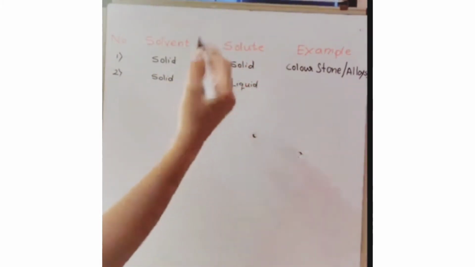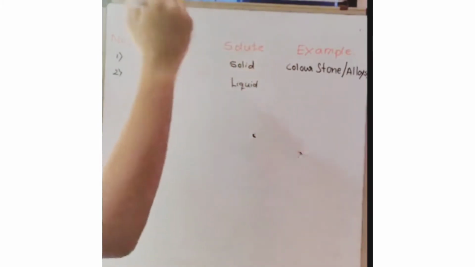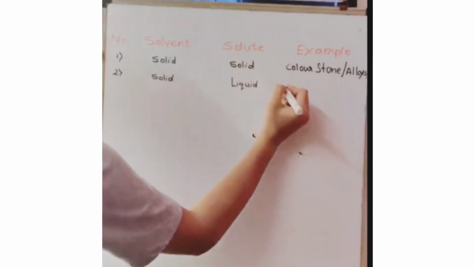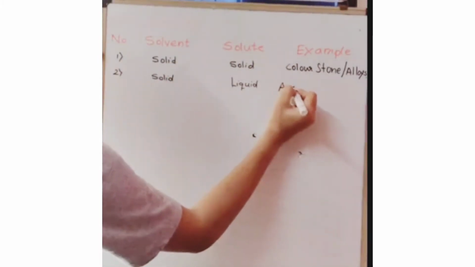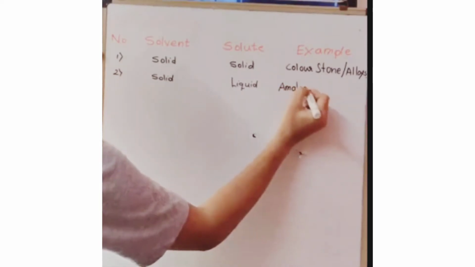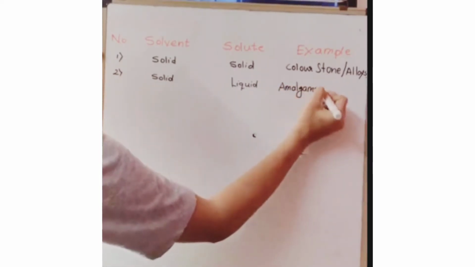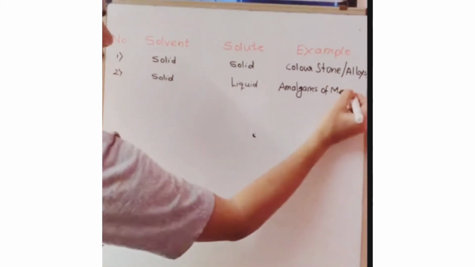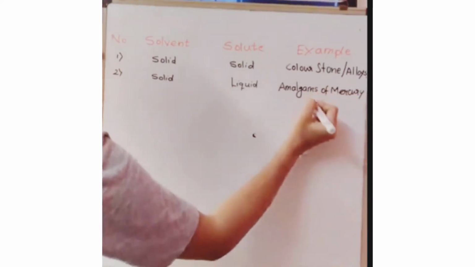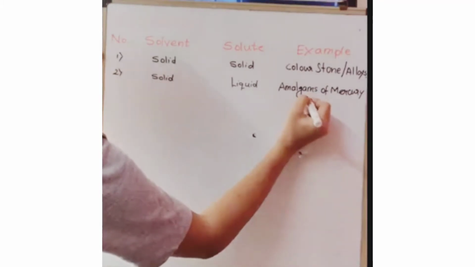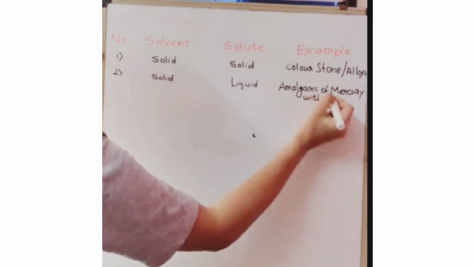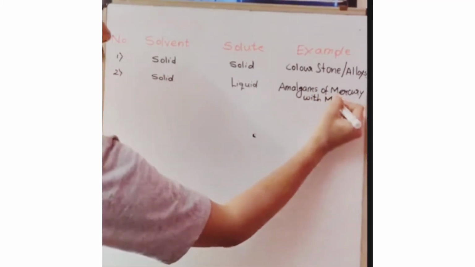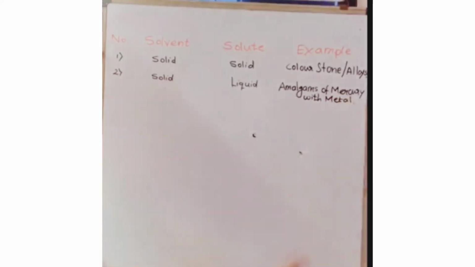So in liquid we will consider mercury, or I will write amalgams of mercury with metal. Am I clear? So that is our second example.